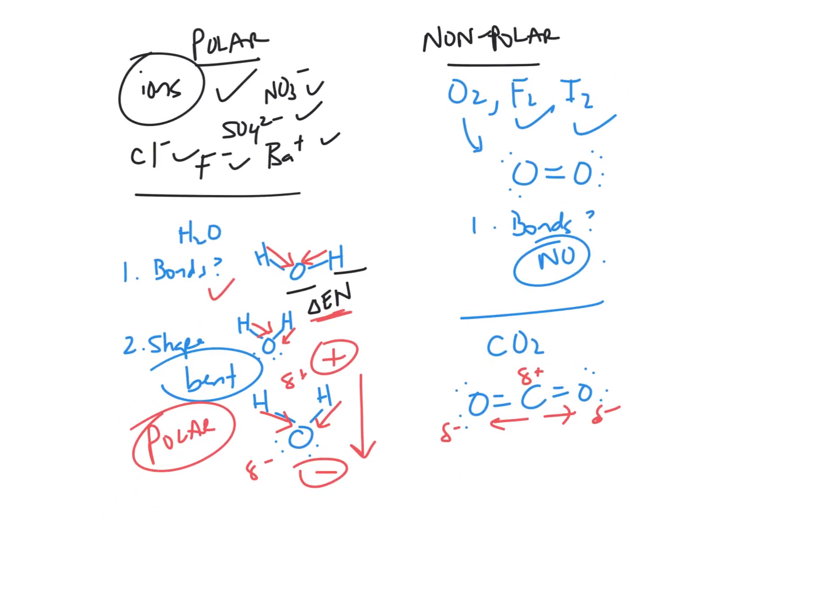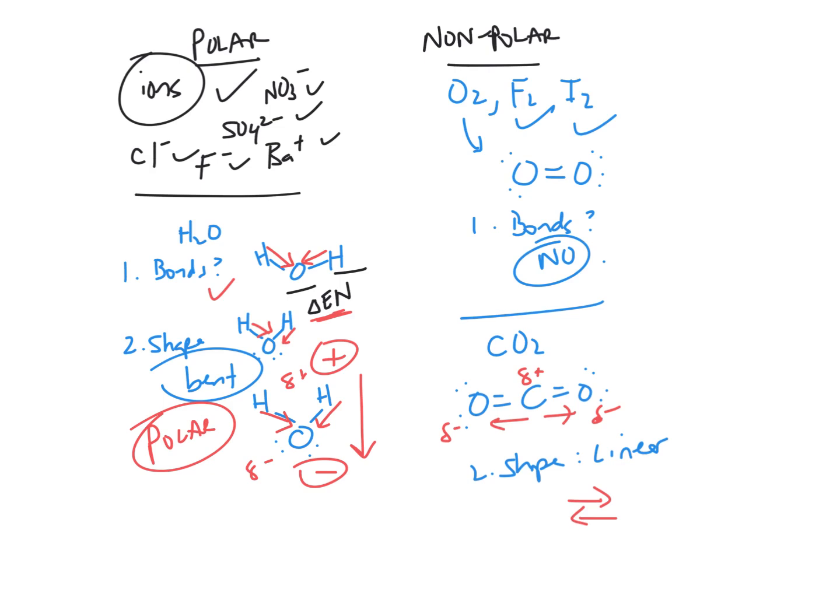Well, now we go to criteria 2. And criteria 2 for this is the shape. So if you know that the shape is linear for this particular molecule, and you know that the bond polarities are basically one pulling this way and one pulling that way, is there a resultant polarity?